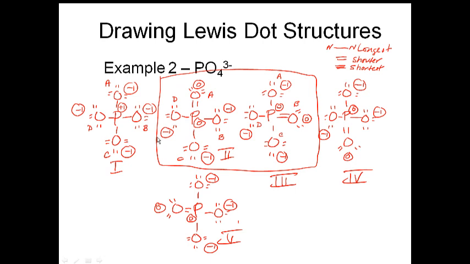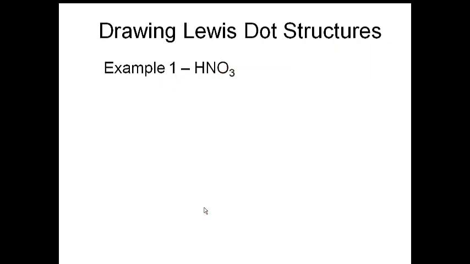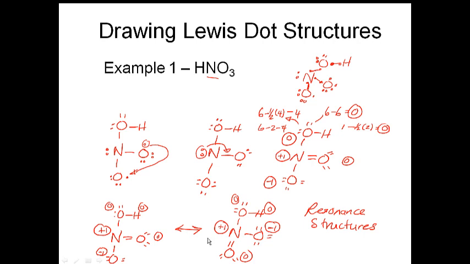It's easy to see the difference between 1 and 2, or 1 and 3, 1 and 4, and 1 and 5. A little bit harder sometimes when people start to accept the fact that 2, 3, 4, and 5 are different, but they are. If I go back to my nitric acid, if I call this structure 1 and this structure 2, are those 2 different structures?